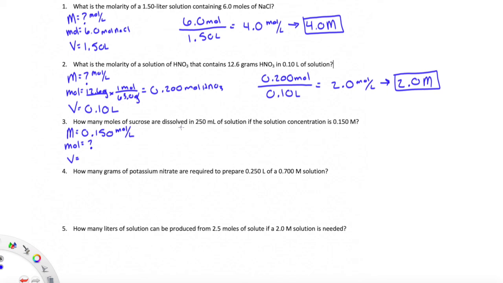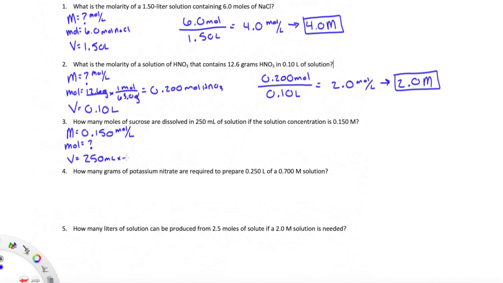And then it's telling me that the volume involved here is 250 milliliters of solution. And there's one problem with that volume, and the problem is that it's listed in milliliters, and molarity is always expressed in units of liters. So we're going to have to convert 250 milliliters to liters.